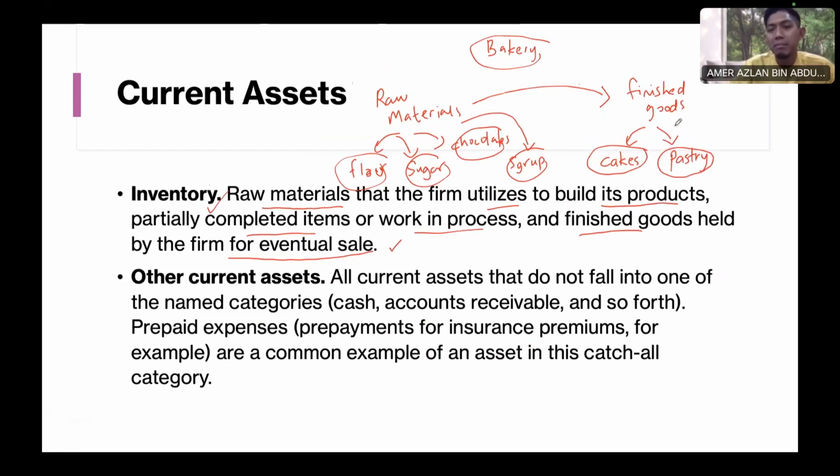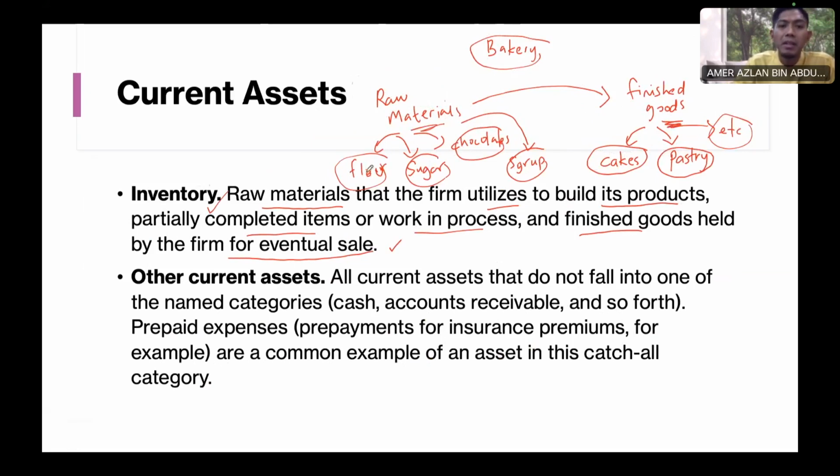And many others, cakes, pastry, what else? Etc. Okay. So these are inventory, what we call inventory. So it's either in the form of raw materials or in the form of finished goods. Okay.